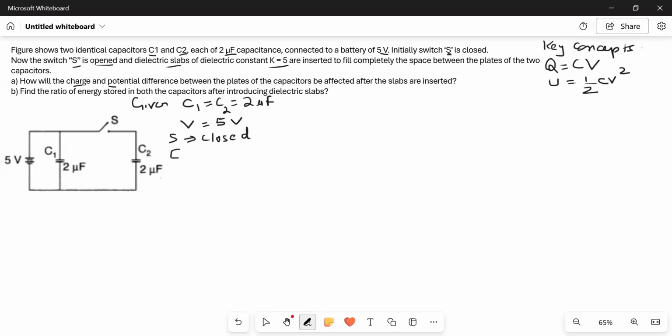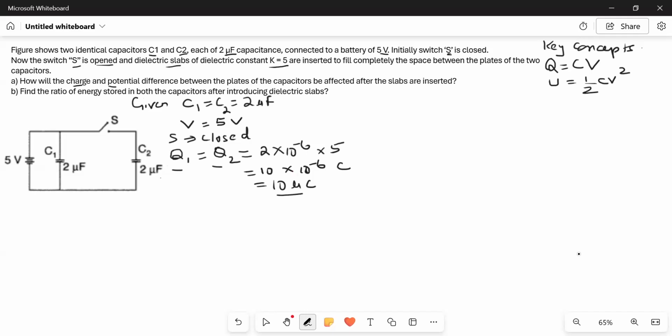Suppose the charges which are accumulated on each are given by Q1 and Q2, then both will be equal and equal to C into V. Using that formula, it will be 2 into 10 to the power minus 6 into 5, that is 10 into 10 to the power minus 6 coulombs, or 10 microcoulombs. So when S is closed, the charges accumulated on each will be 10 microcoulomb.